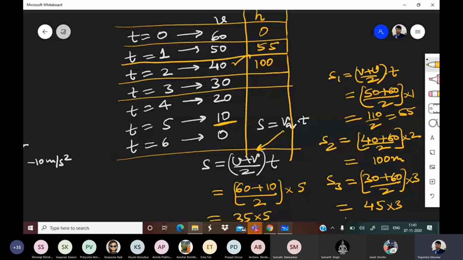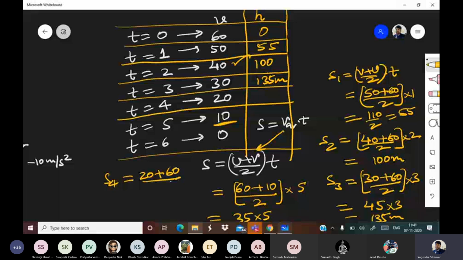135 meters. T is equal to 4. So I'm writing here S4. S4 will be V, which is 20, U, which is 60, by 2, into t is 4. So 80 by 2 is 40, into 4, and this will become 160 meters.